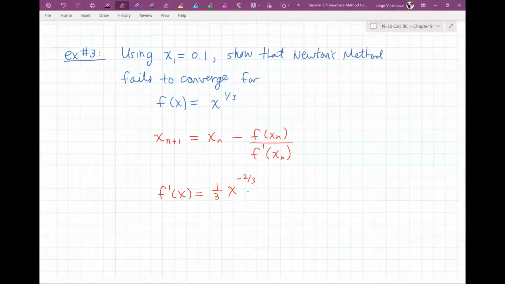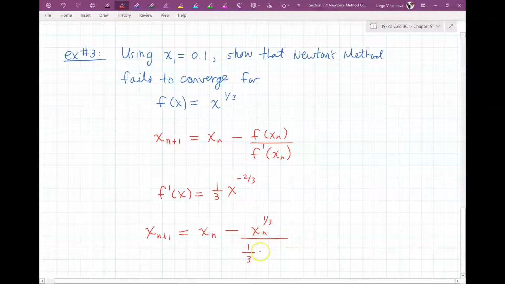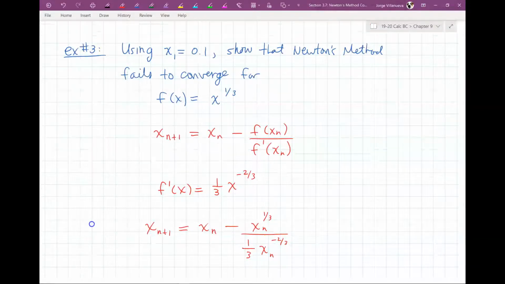Okay, so what I'm going to do is I'm going to plug those equations into Newton's method. So x sub n plus 1 is equal to x sub n minus f of x sub n would be x sub n to the 1/3 over, and then f prime of x sub n would be 1/3 x sub n to the negative 2/3. Okay, now why am I going to do that?